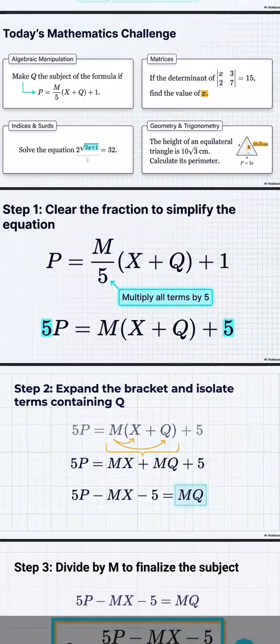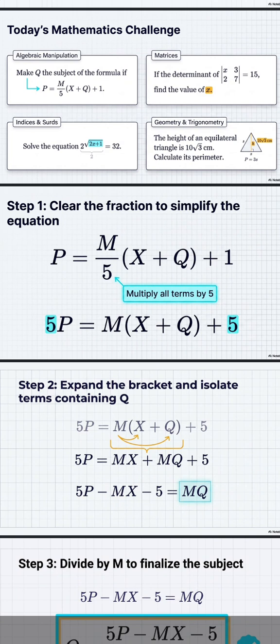In that case, we can open the brackets at the right hand side. I take that again: 5p is equal to mx plus mq plus 5. That is at the right hand side. So if you want to isolate q, all other terms from the right hand side can be moved to the left hand side.